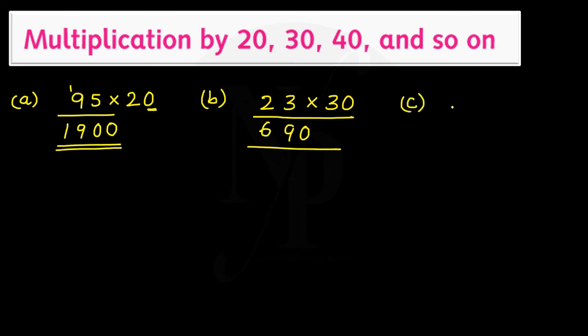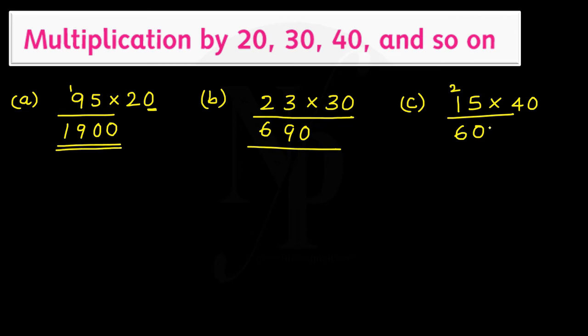Now if we wish to multiply 15 by 40, what we do is we multiply 15 by 4 first, and then we write 0 in the ones place of the answer or product. So 4 5s are 20, we write 0 here, 2 is carried forward, 4 1s are 4, 4 plus 2 is 6.